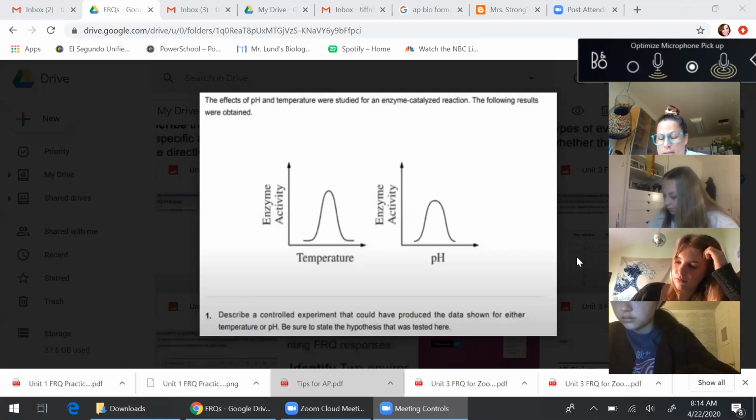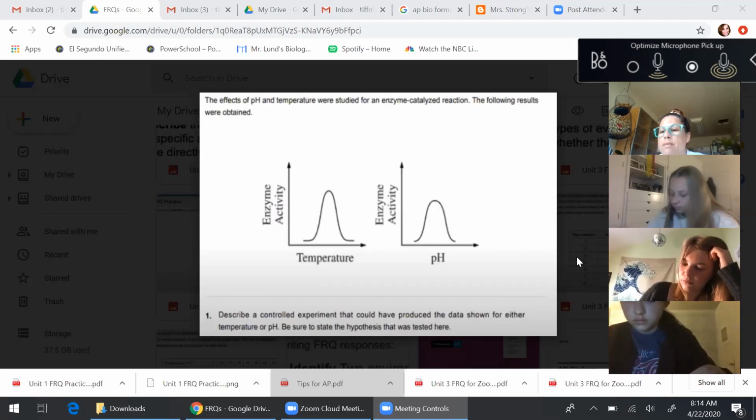No, because it wants you to describe just one experiment, a controlled experiment that could produce the data for either of these. So meaning it's one experiment that encompasses both of these results. So it's not, I get to pick an experiment. It's one experiment that can give you both of these. So think about that when you're describing how your experiment will go.